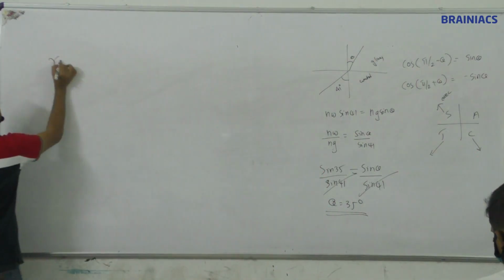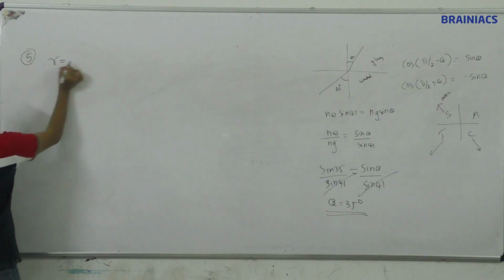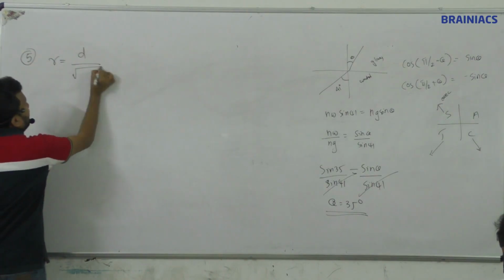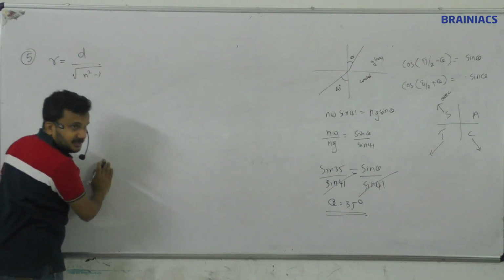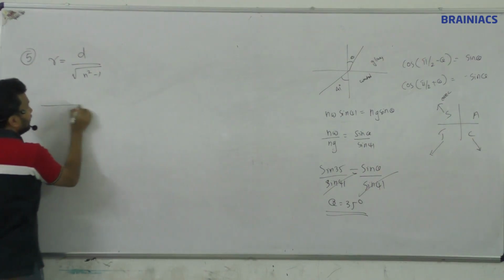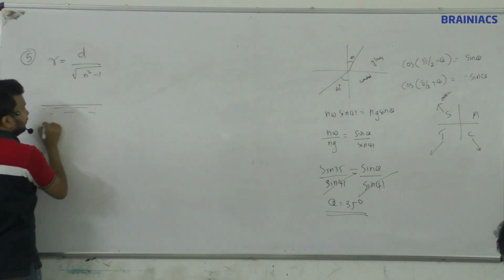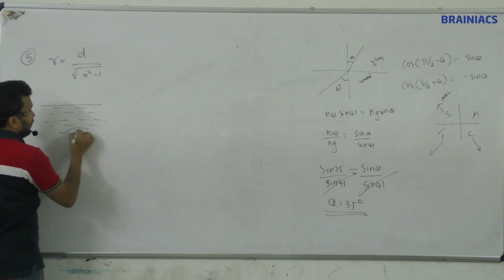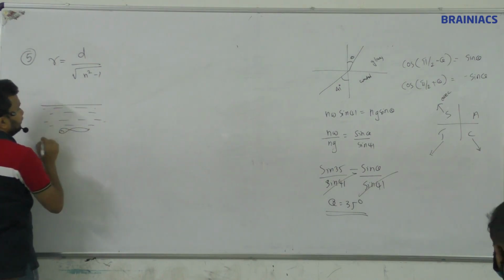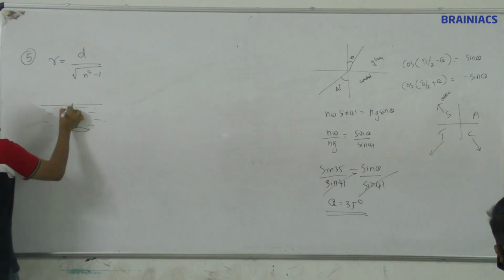R equals D divided by root of n square minus 1, to find the radius. This is a pond and the fish is at a distance of 12 centimeters.